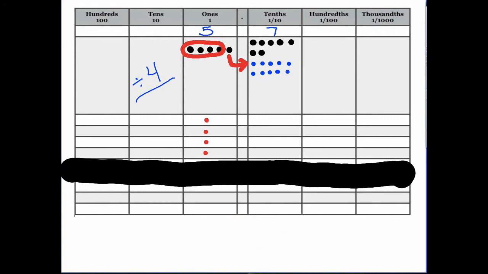Now what do? I move that circle out. Now I'm in the tenths place. Now what do? Number 13. What do? Okay, I circle every 4. There you go. Perfect. So I'm going to go up here.